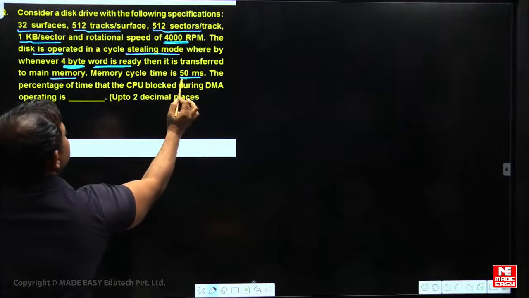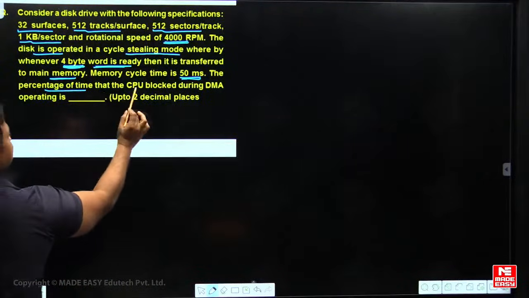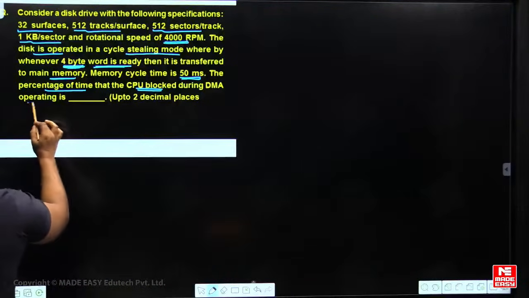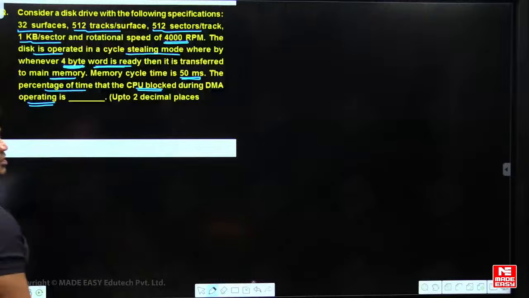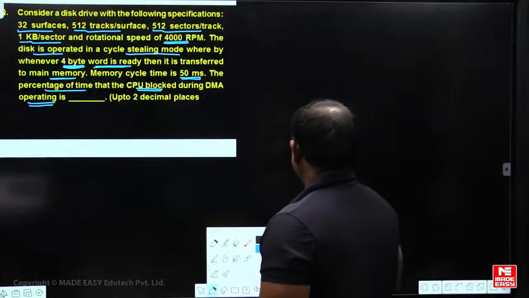Memory cycle time is 50 milliseconds. What is the percentage of time the CPU is blocked in the DMA?